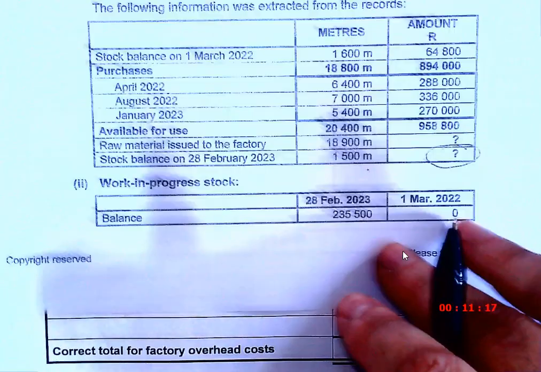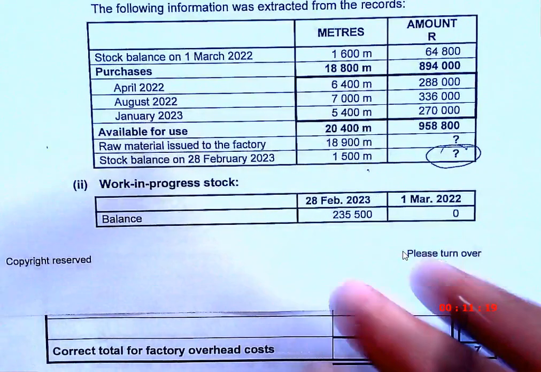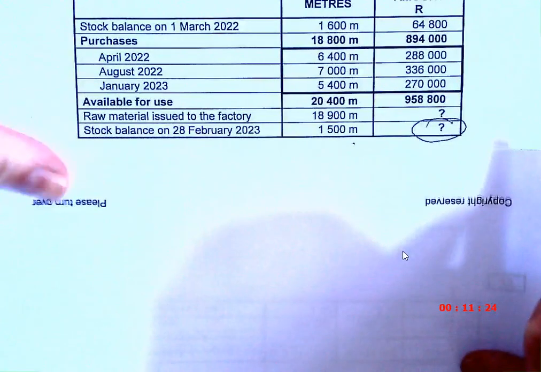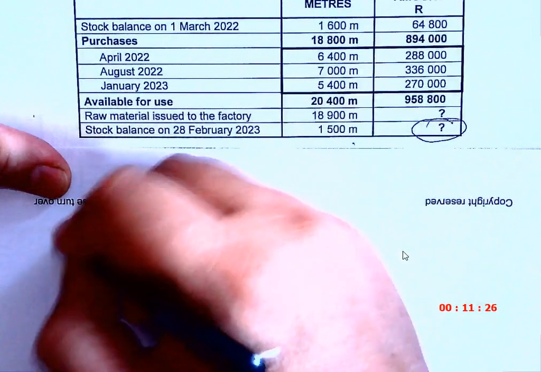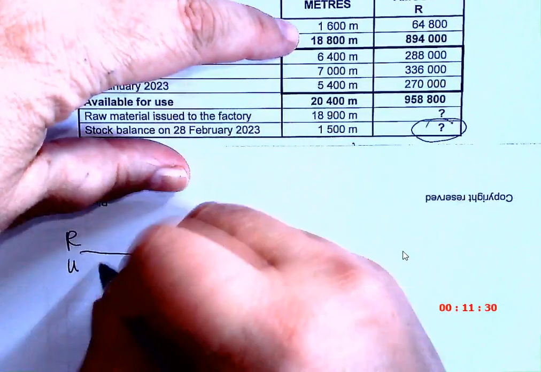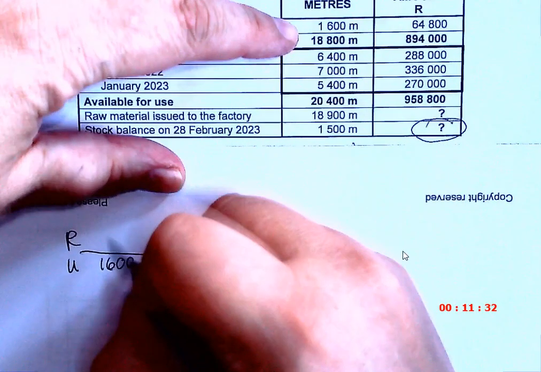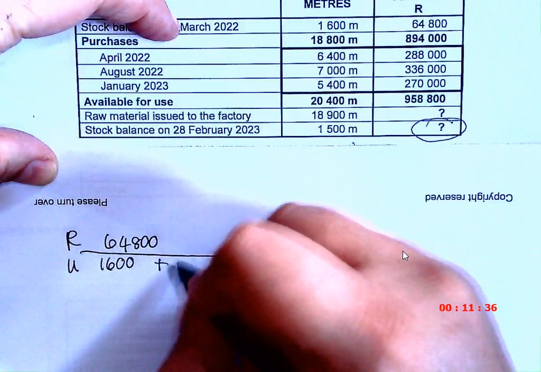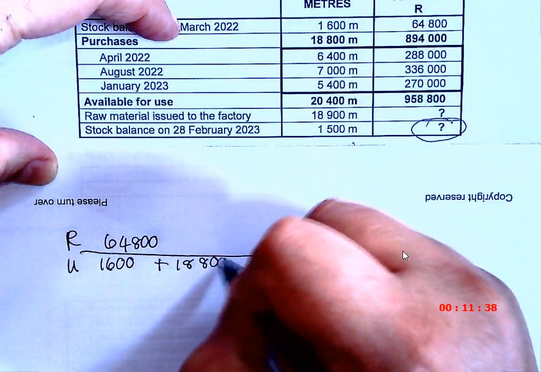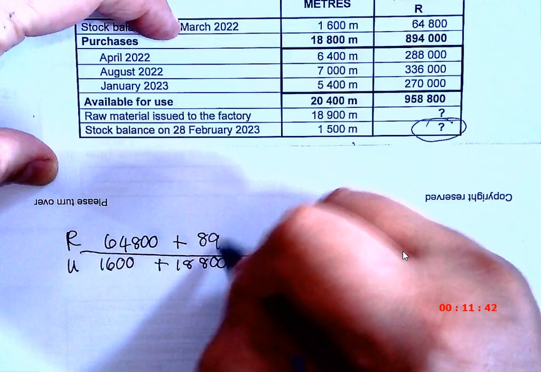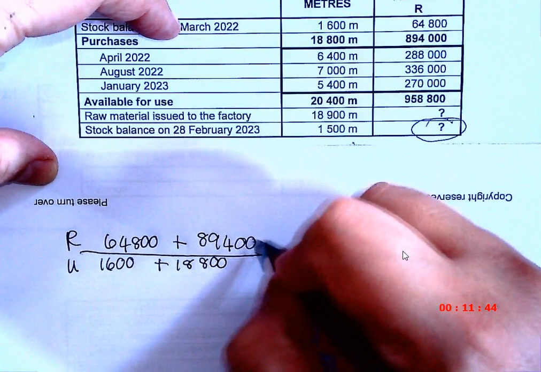So weighted average, what do I do? Rand over units. Rand over units. So I go look. Opening is 1,006, 64.8. Purchase is 18.8, plus 894. Nothing was returned. Can you see this?